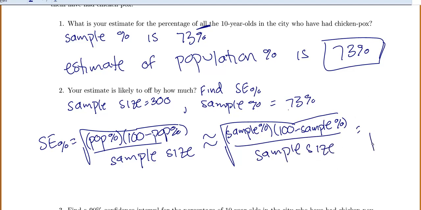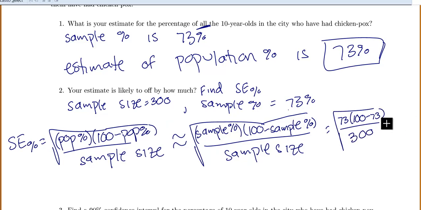So this is going to be 73 times 100 minus 73 divided by 300, which is 2.56%.